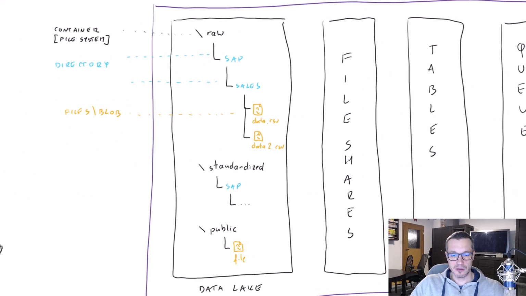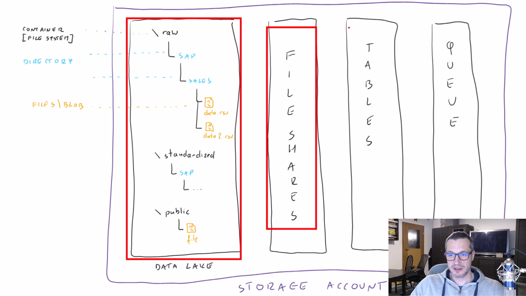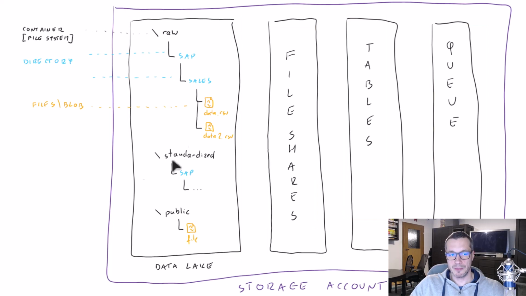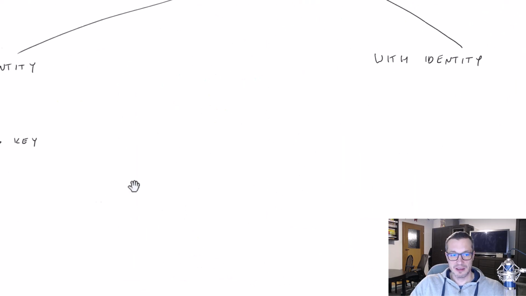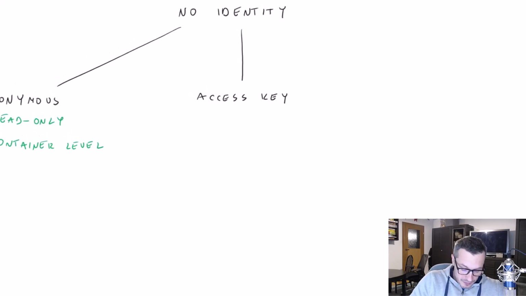And not only a data lake, but the whole storage account. We can even remove it. So it gives us full access to data lakes, file shares, tables, and queues. Extremely powerful way of getting access to our storage account.